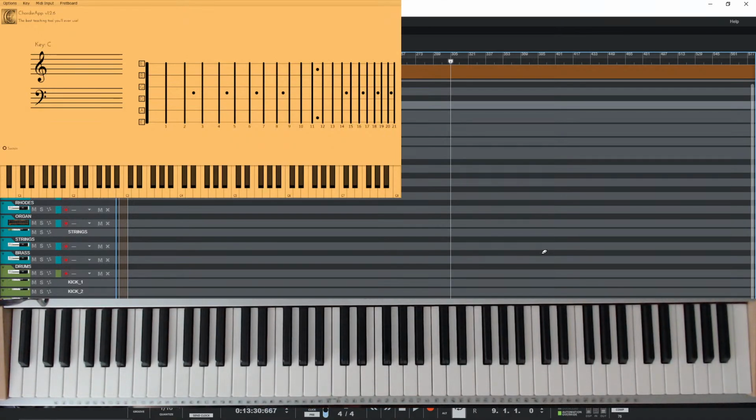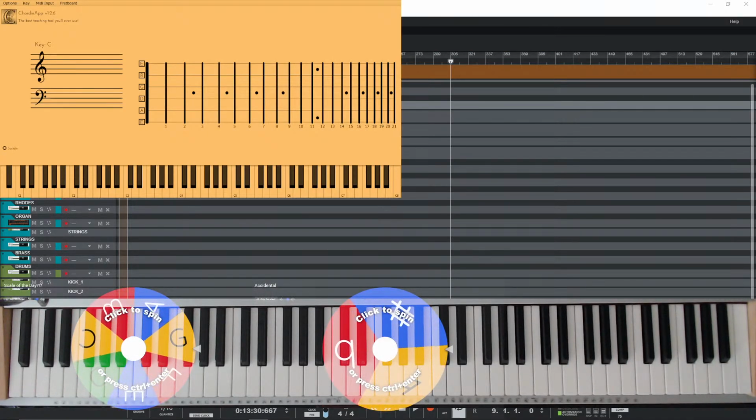Long story short, let's see what the muse says, what we are going to play. Where's the last one? Where is the last one? Am I missing something?